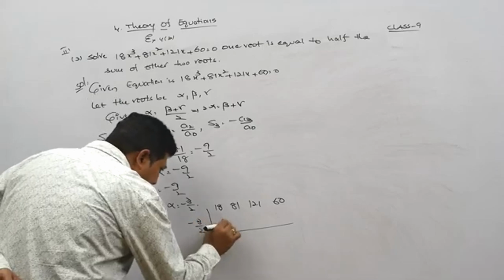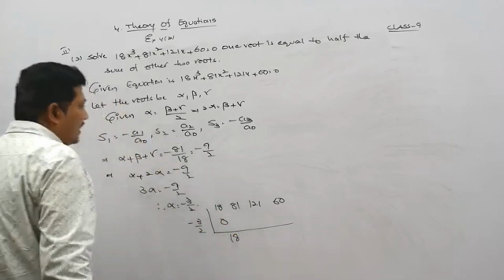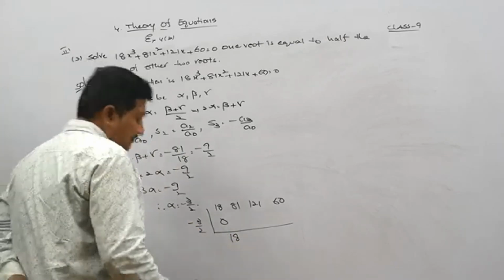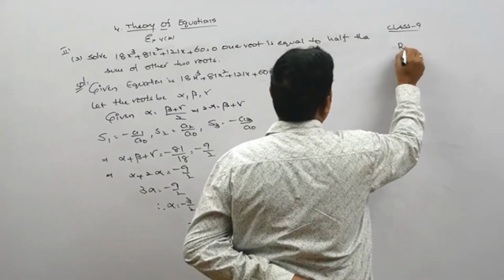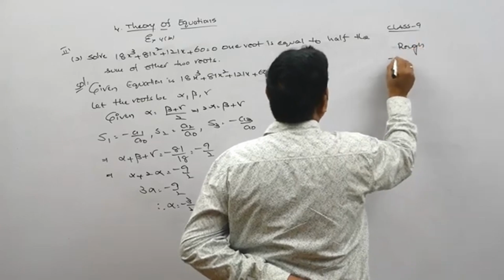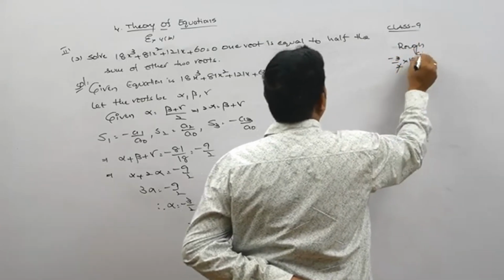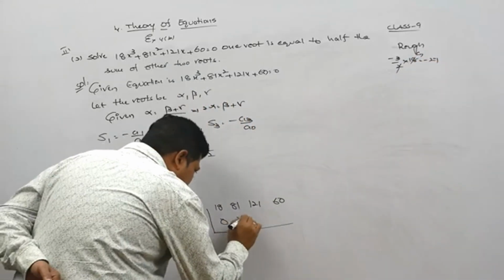As a first step write here 0. So 18 plus 0 is 18, and minus 3 by 2 into 18, you can see 2 1s, 2 9s, that is equal to minus 27. So write here minus 27.